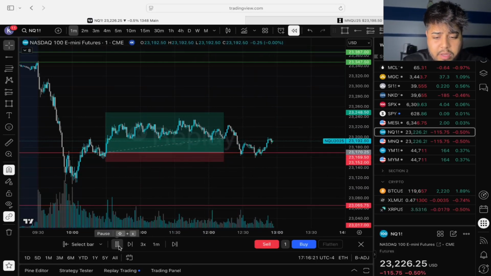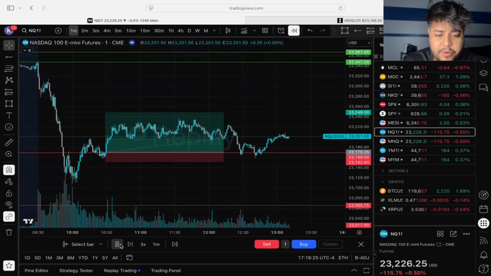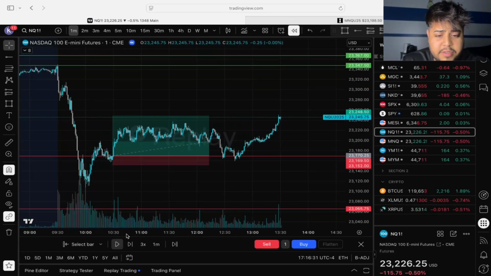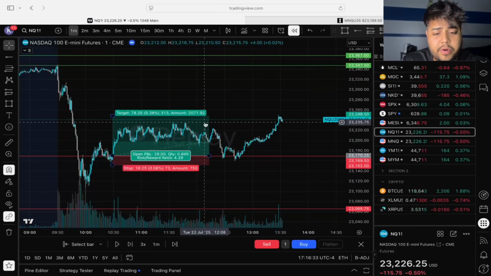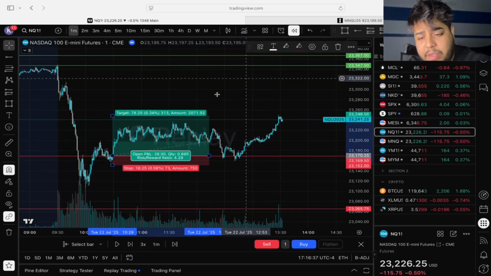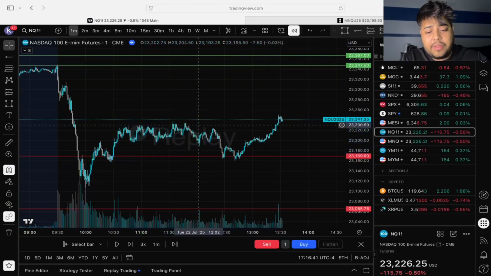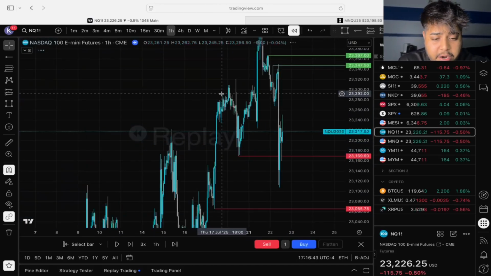So I waited, and I'm gonna show you guys something that you probably weren't aware of. Alright, so I took profit somewhere around here. I took profit because I wanted it to maybe V rally and then go back up to the highs. But I noticed something on my hourly chart.